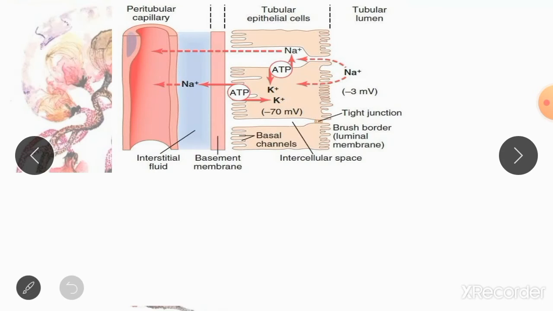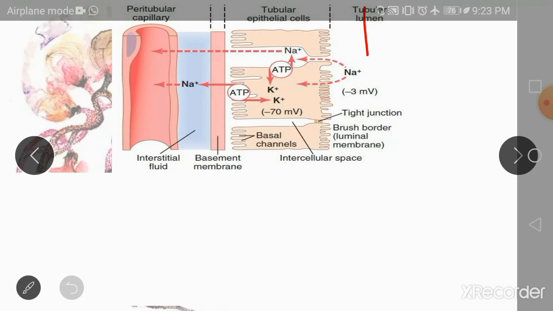Now what they do is they pump 3 sodiums out of the cell into the interstitial space and pump 2 potassium into the cell. When the sodium is continuously being pumped out from the cell, it reduces the concentration of sodium within the cell, so more sodium can be reabsorbed from the lumen into the cell.